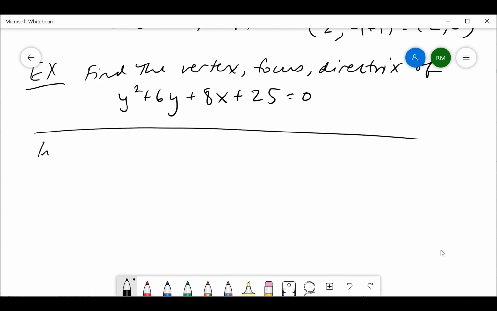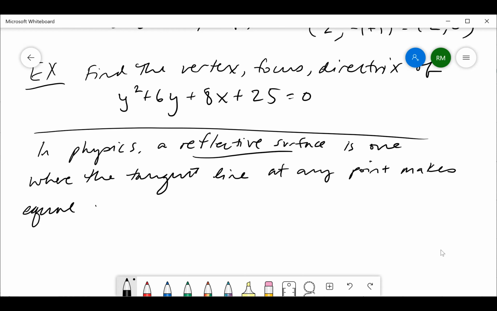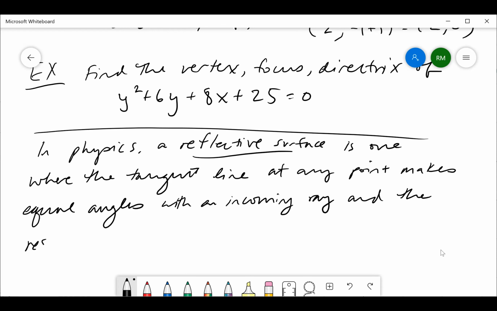So in physics, a reflective surface is one where the tangent line at any point makes equal angles with an incoming ray and the resulting outgoing ray.